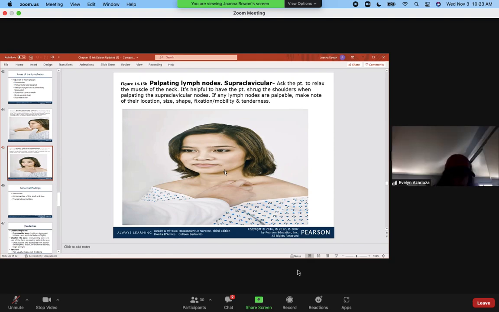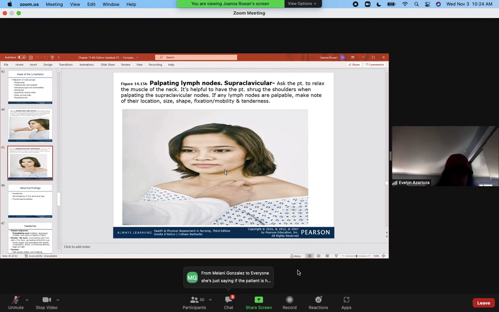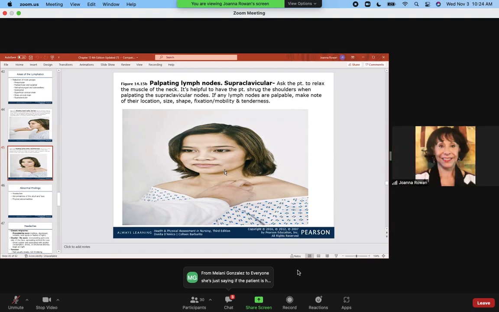But the slide says palpate the lymph nodes. Yeah, you need to palpate them, which means you need to touch them, because that is the name of them, lymph nodes. But the finding, not feeling them, is a normal finding. So palpate the lymph nodes and expect not to feel them. Exactly. Okay.